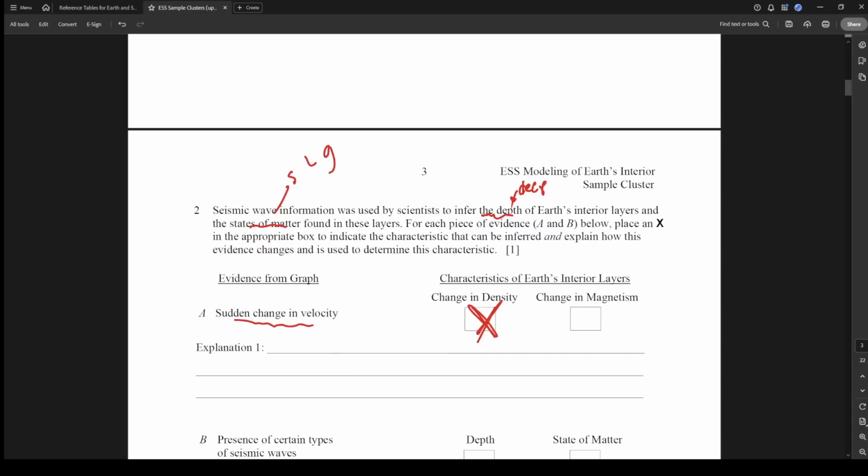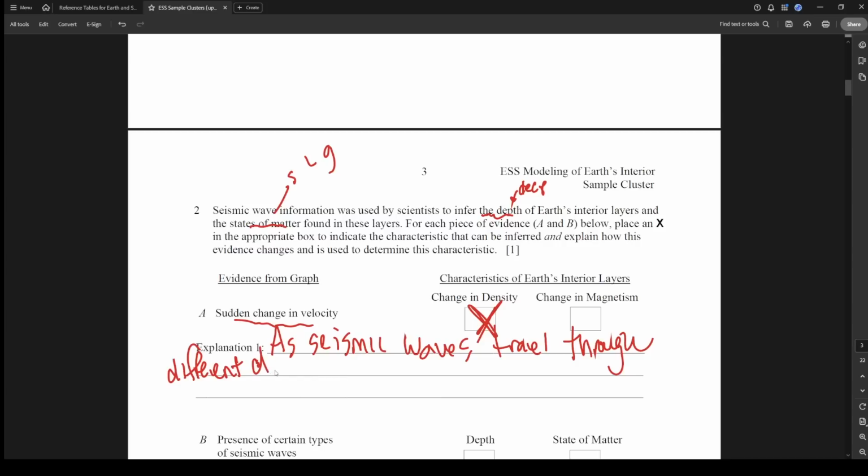And for our explanation, we could say, as seismic waves travel through different density material, we could say like solid to liquid, it changes speed.